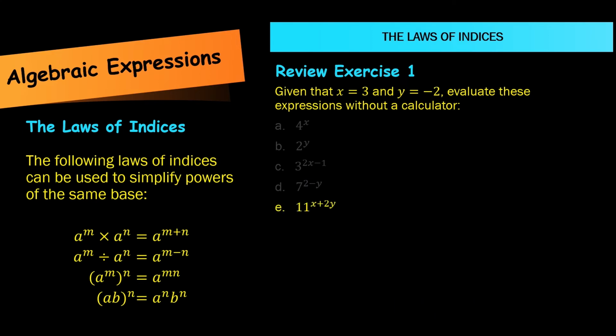And now for review exercise 1 part E. Given that x equals 3 and y equals minus 2, evaluate 11 to the power x plus 2y without a calculator. So let's solve this.